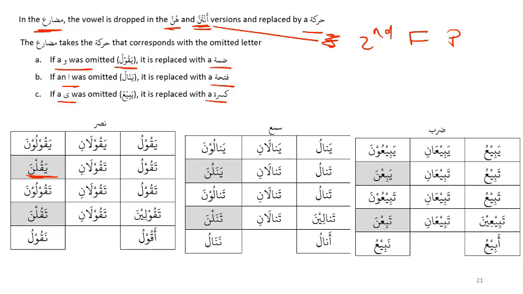I was just wondering, even over here, we don't know if it's wawi or yai. Yeah, and I think this is something that, with the illats, just by looking at it, you can't tell.